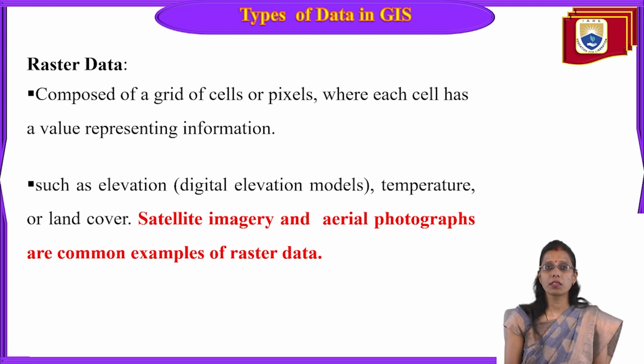So I hope you understood about this vector data: points, lines, and polygons. Once we click a photo, or if you have a satellite image, a photogrammetry image, or an aerial photo, all this data we have in digital format.